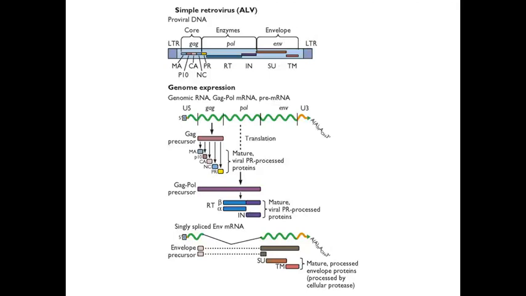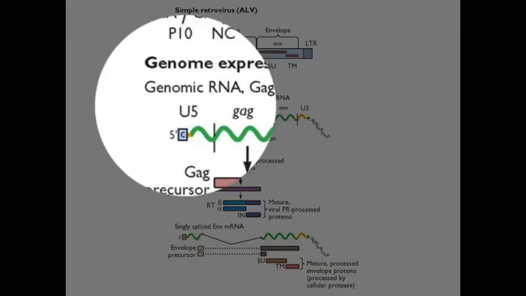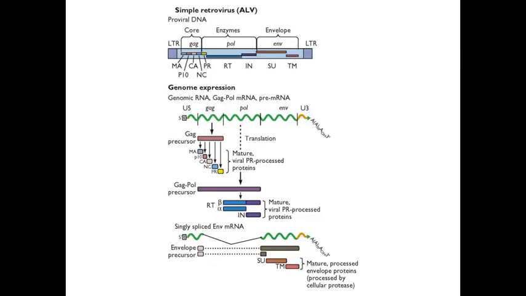The way this genome is expressed, it is always expressed when integrated into the host cell DNA. All right, so this proviral DNA, which by definition means integrated, is expressed. It's transcribed in the same way that mRNAs are made that we talked about last time, by the host cell RNA polymerase II. And RNAs are produced. Here's a genomic RNA, which is full length. And this gives rise to structural precursors.